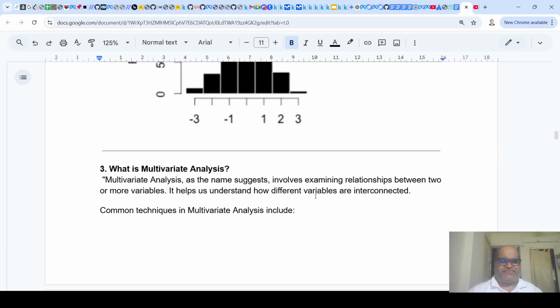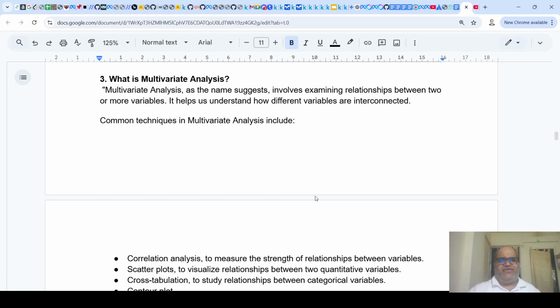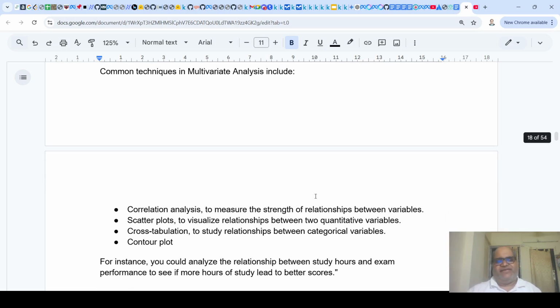and then you can move on to where you look at more than one variable together, right? So the very next thing is looking at two variables together, and there, for example, you can look at correlation analysis, right? That can tell you the relationship between two variables.